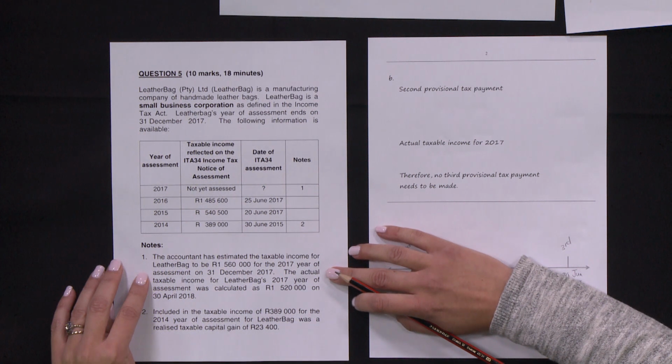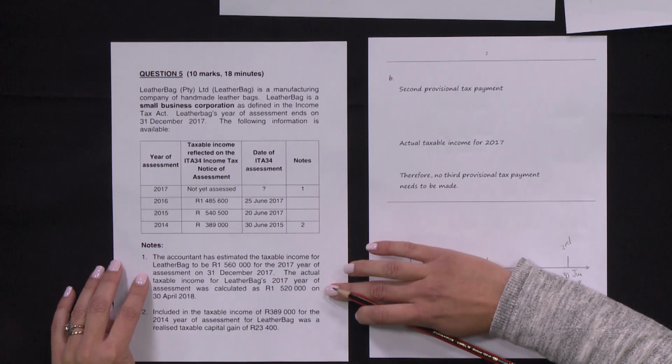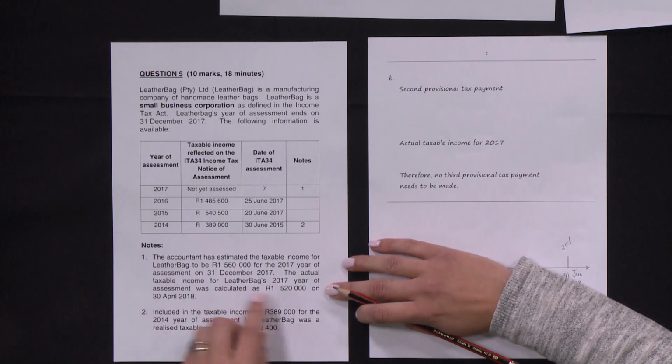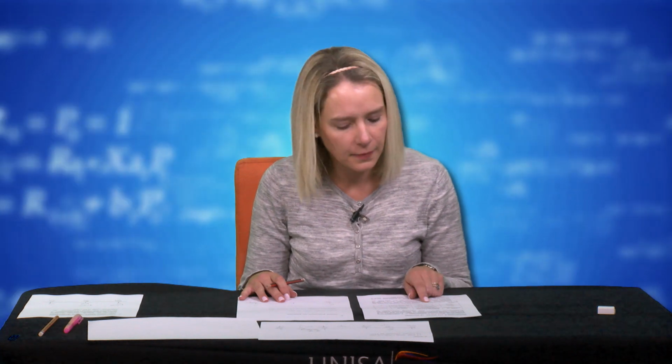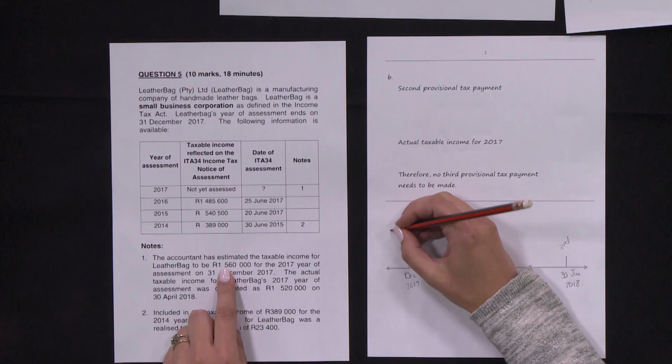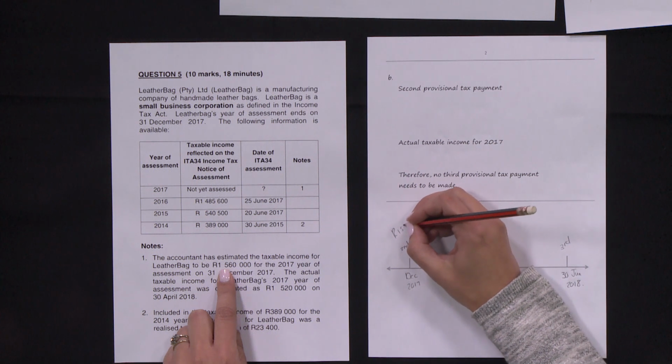The actual taxable income for Letterbag's 2017 year of assessment was calculated as 1.52 million on 30 April 2018. So, for the second provisional tax payment, you would have used your estimate. So the estimate was 1.56 million.